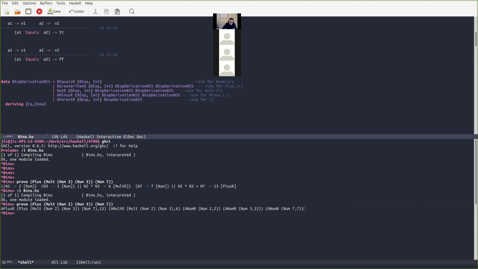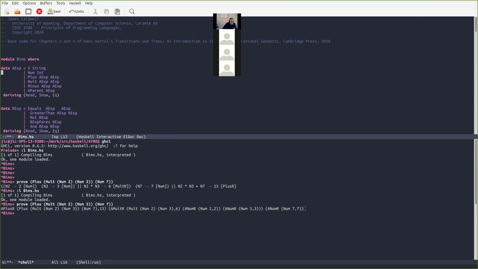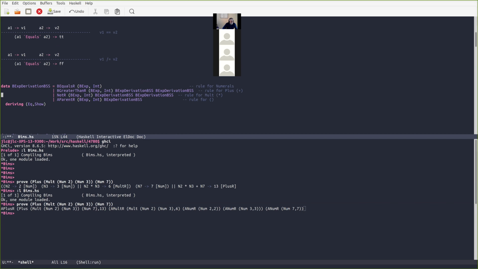And then there's a paren one. Is that all of them? I think there's only, oh, and there's an and. There's an and also. In fact, and that's a binary one. So let's leave it like this. So that's an and. So this is B and R, and this is a B not rule, and this is a B paren rule.